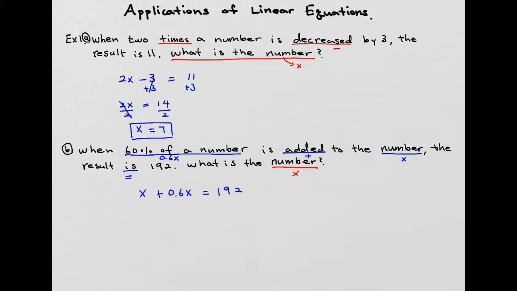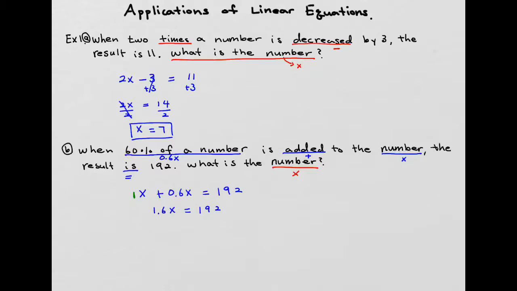We need to assume that we have 1 in front of this x. Then when you add this with the variable, you get 1.6x, since 1 plus 0.6 gives you 1.6, equals 192.